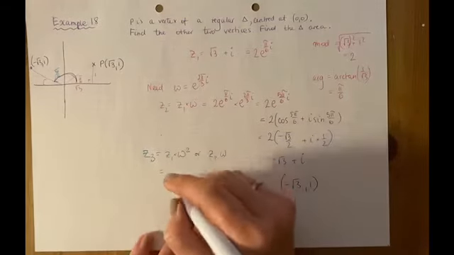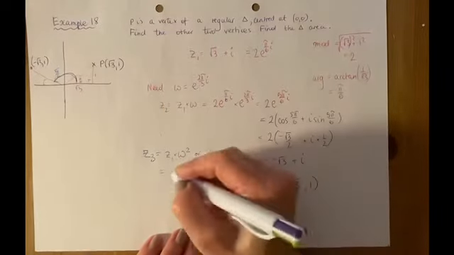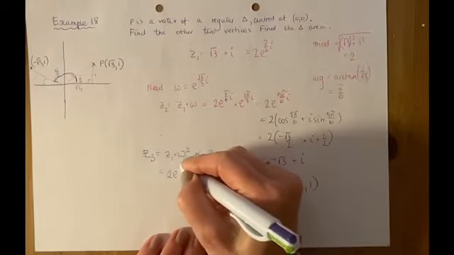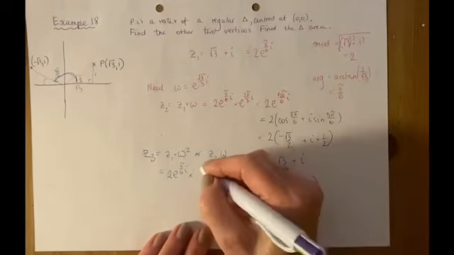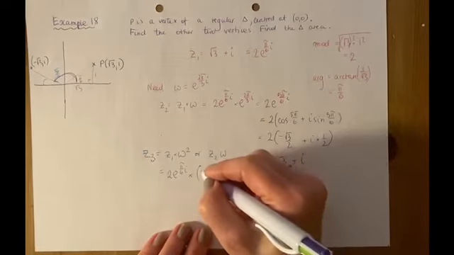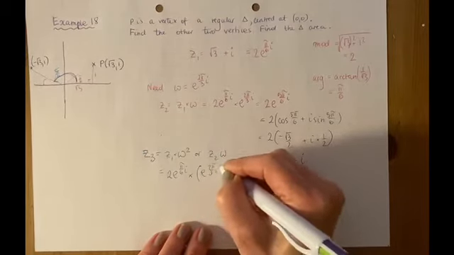I'll do z1. So z1 was our first complex number, so 2e to the power of pi over 6 i. Let's multiply it by our first root of unity to the power of 2.